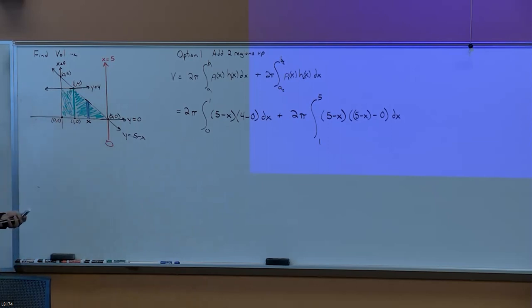Rotate around x equals 5. So total value of the region, rotate around x equals 5. I've not calculated that yet, so let me type that in.